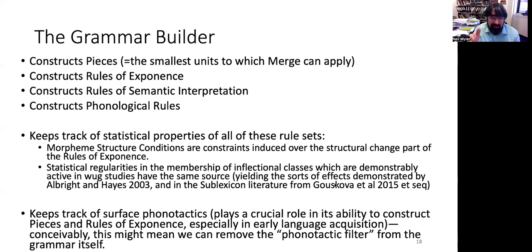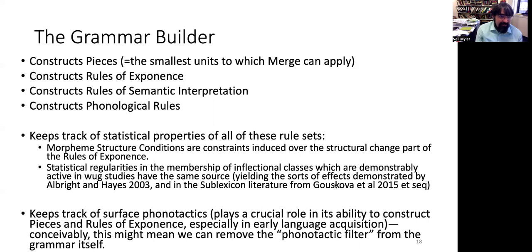Now, given that the grammar builder has to do this, you might imagine removing the phonotactic filter from the grammar itself and having all phonotactic knowledge be represented in the grammar builder only. Its presence there presumably will be what stops the grammar builder from formulating rules that would, if they applied or added to the system, yield violations of surface phonotactic constraints.